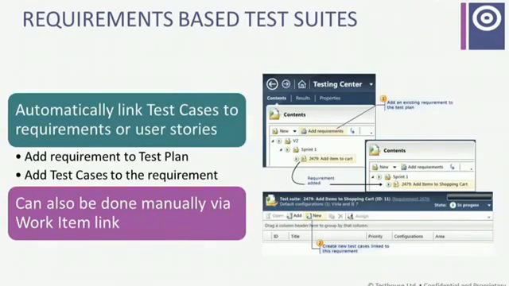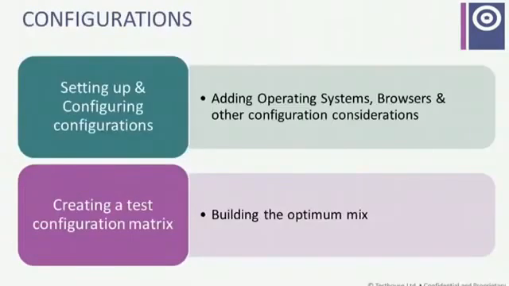So those linkages will be actually put in for you. Configurations that I've mentioned, you can set these up and they allow you to tell your testers to test under different operating systems, different browsers, and then you can have different mixes. And you can apply more than one configuration to a test, and then the system will ensure that test is run for each configuration, so you have a good coverage.